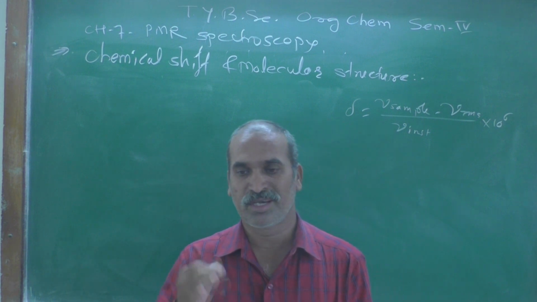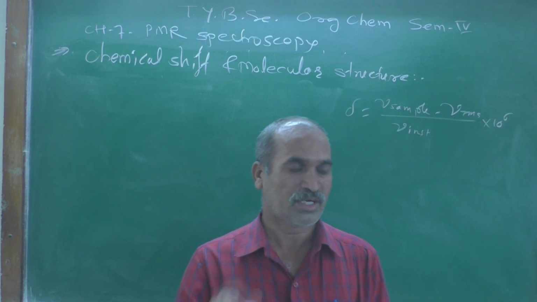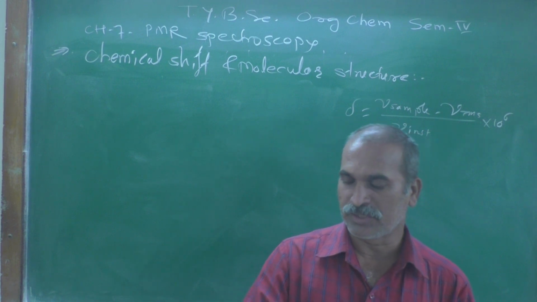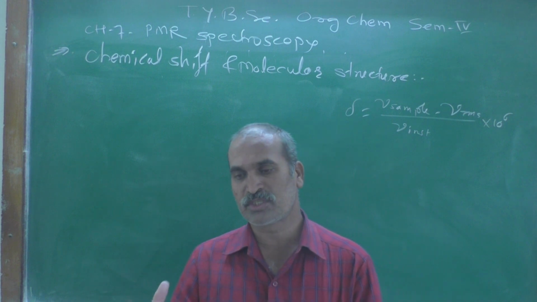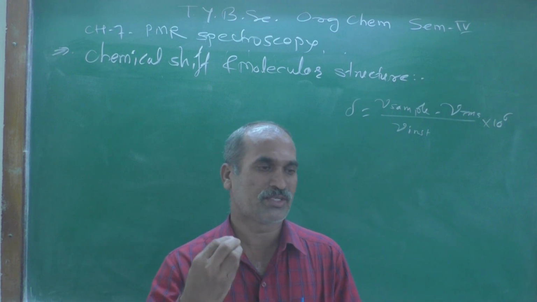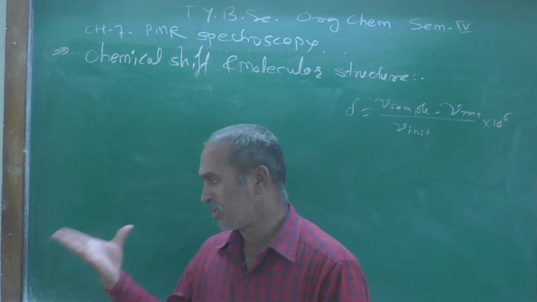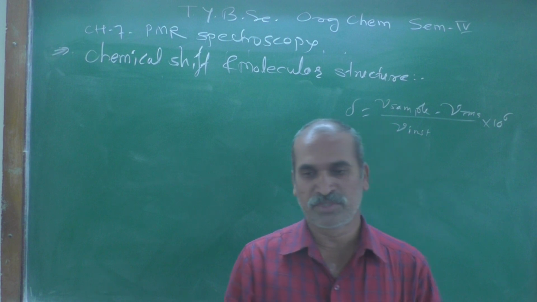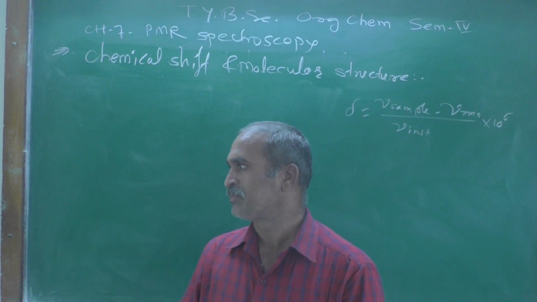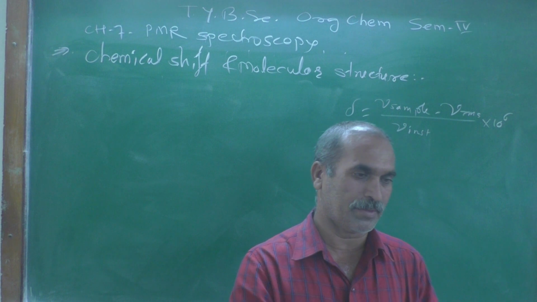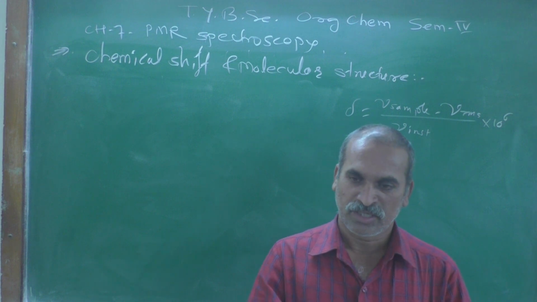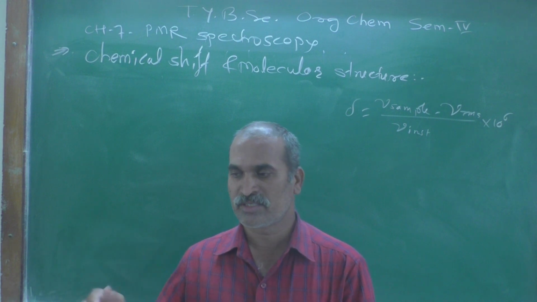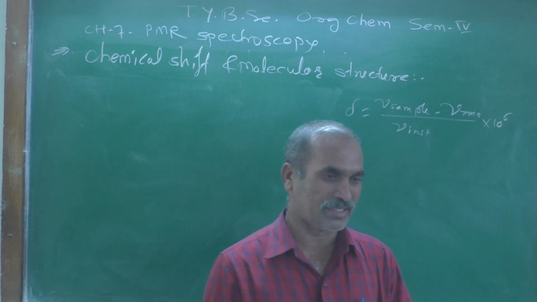Anisotropic effect means what? Unequal distribution of electron density is generated, or two zones are created. One is called a shielding zone and the other is called a de-shielding zone. If you observe those protons very closely, you will find all the aromatic protons fall in the de-shielding zone, and hence the delta value is higher.